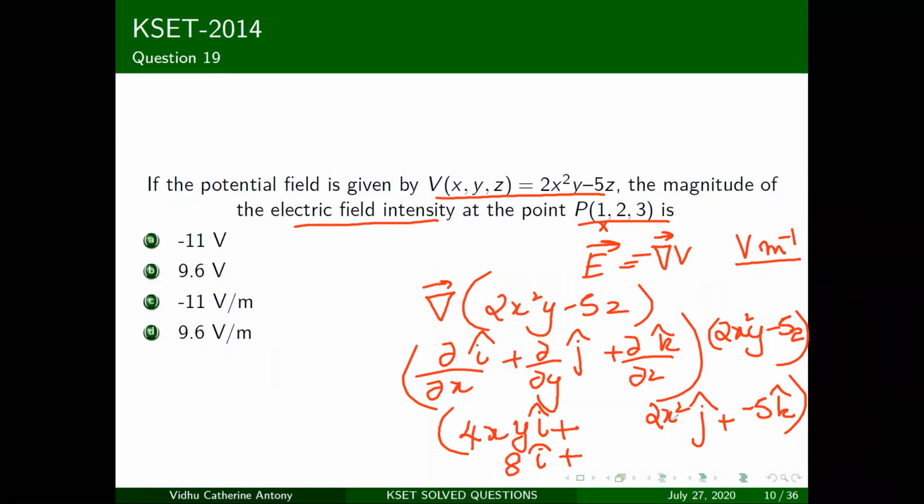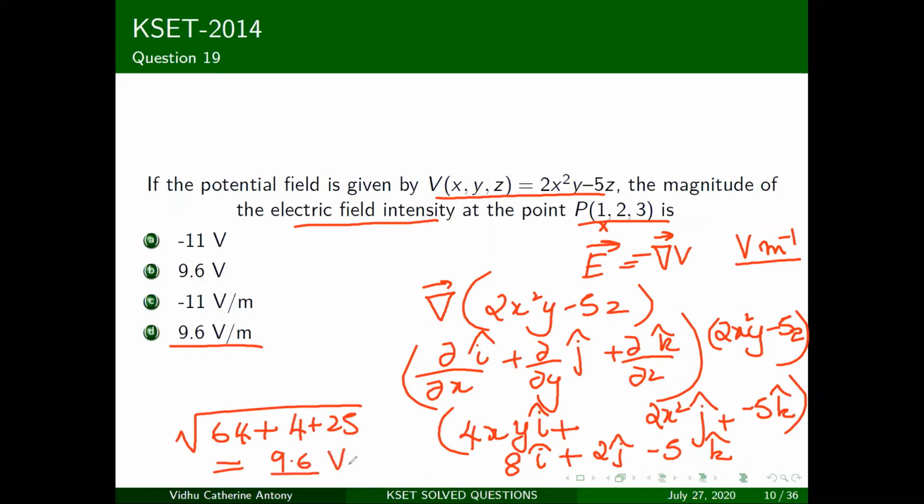Here you have 2 into 1 squared, so that's 2j cap, and then here you have minus k cap itself. Now what you're supposed to do is take the square root. You want the magnitude of this vector at this point, so you take 64 plus 4 plus 25, which should give you something like 9.6 something. So volts per meter.